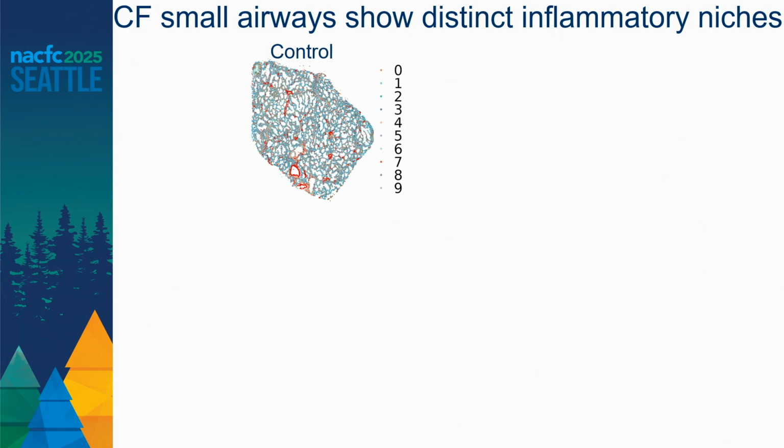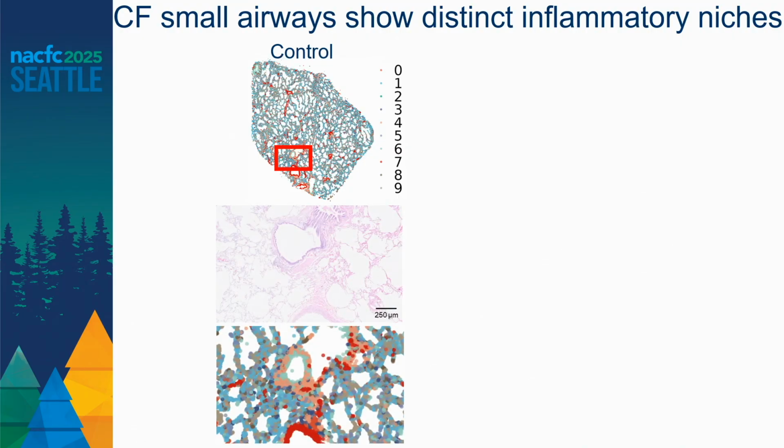So from the 4 independent CF and control section data, we could detect 9 distinct neighborhoods. And when we plot those neighborhoods onto the original images, this is the control image, and each plot can recapitulate the original airway structures.